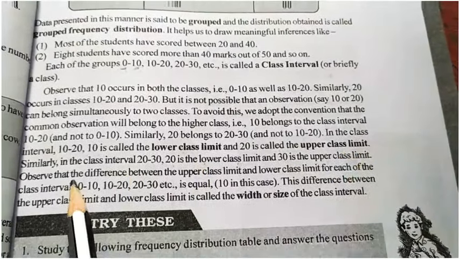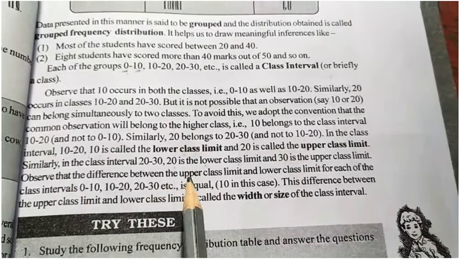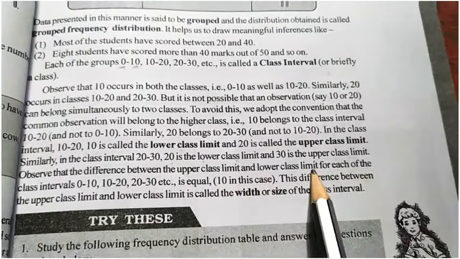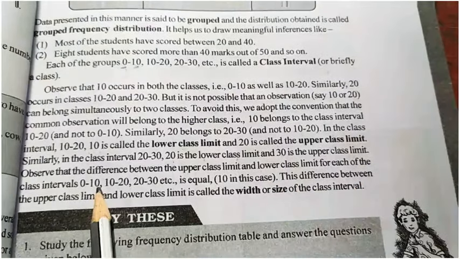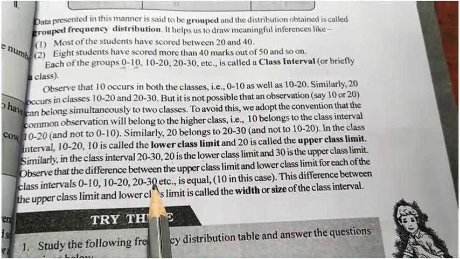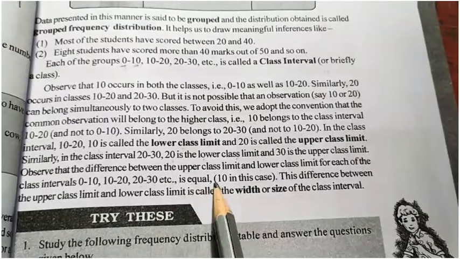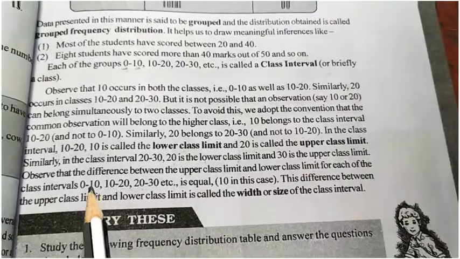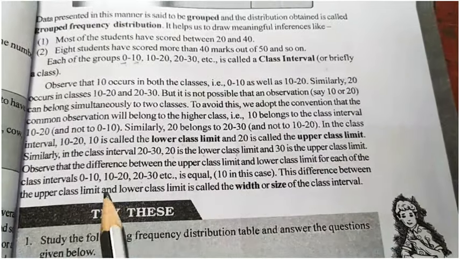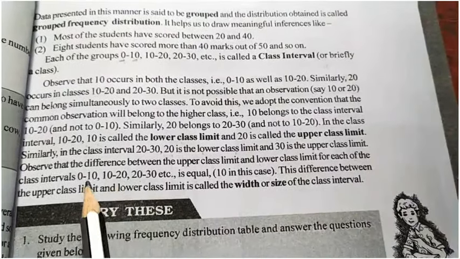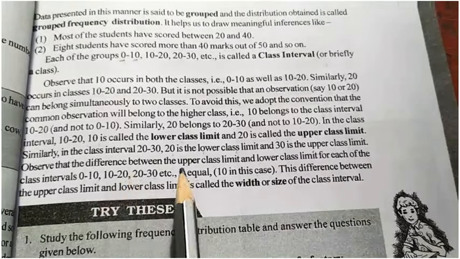Observe that the difference between the upper class limit and lower class limit for each of the class intervals 0 to 10, 10 to 20, 20 to 30 etc. is equal. If you subtract, the difference will be equal. That is 10 in each case. You may get different widths also, but in each class interval you will get the same difference.